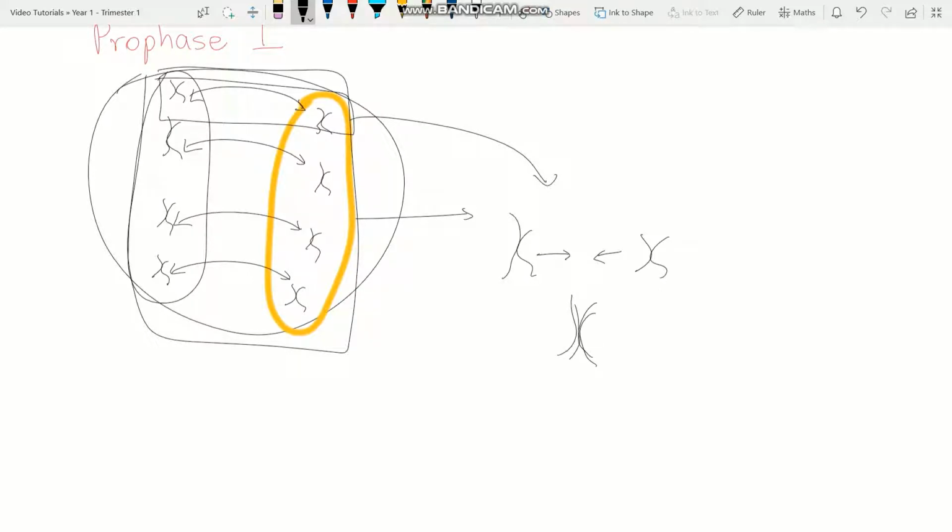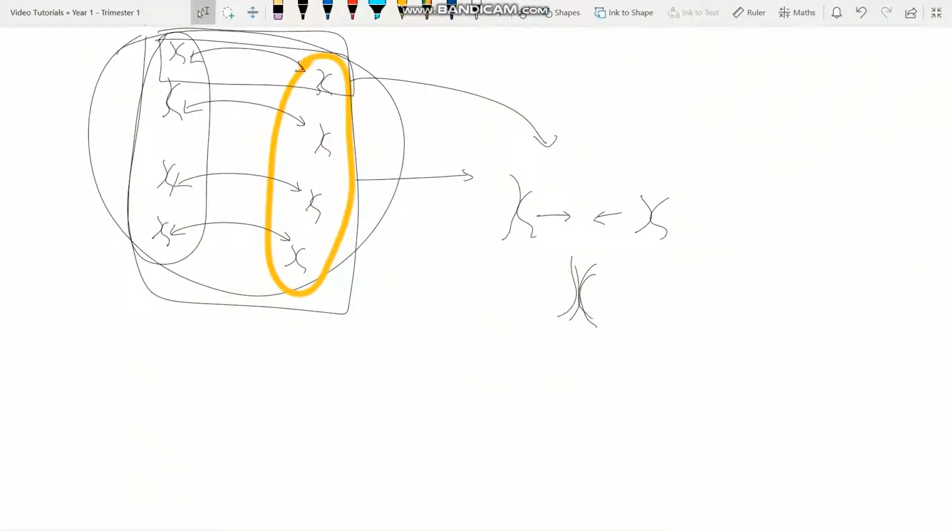A tetrad is essentially 2 homologous chromosomes joined to one another with what we call a cohesin protein. And this protein is important because not only does it allow for the cells to join to one another, but it ensures that during anaphase, they are able to properly separate from one another and not cause non-disjunction to occur, which I explained in a previous video.